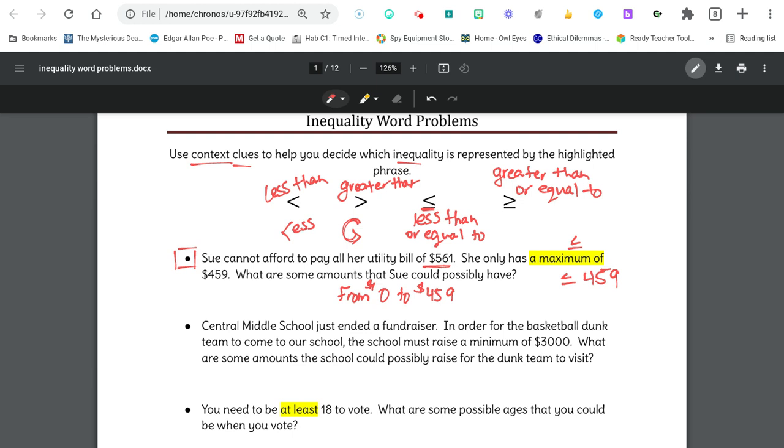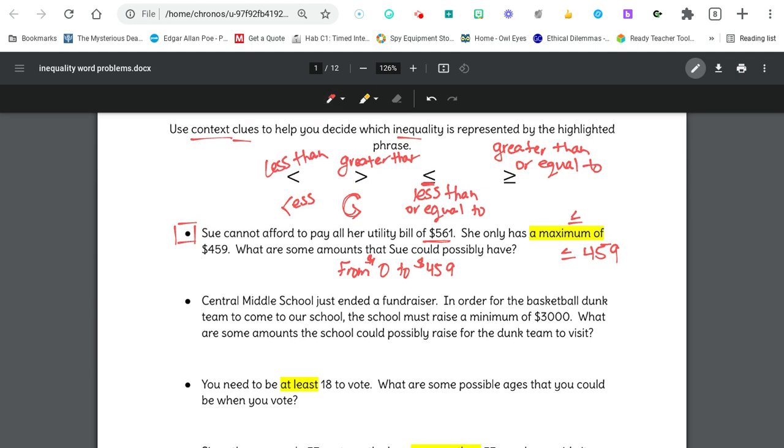But a maximum of means less than or equal to. When you're talking about inequalities, it's just the opposite of what your brain might normally think. Because normally with maximum, it does mean higher or greater. But a maximum of means that's the most you can have, okay? So you can have that or less.